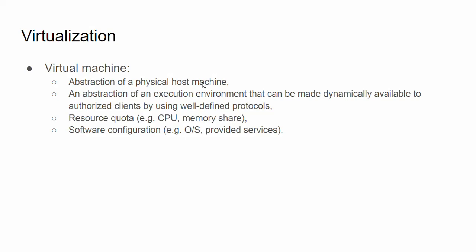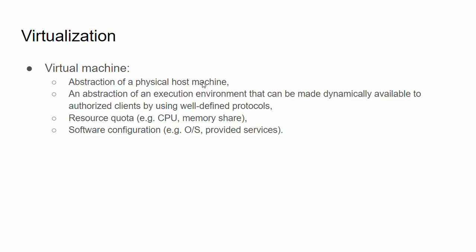Now, a virtual machine comes with a resource quota. When you provision a virtual machine on a hypervisor, you will need to specify how many CPUs and how much memory are allocated to this virtual machine. Just like when you purchase a laptop from some online vendor, you specify CPU and memory.